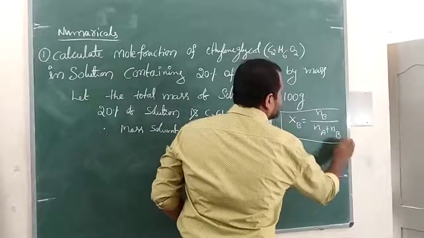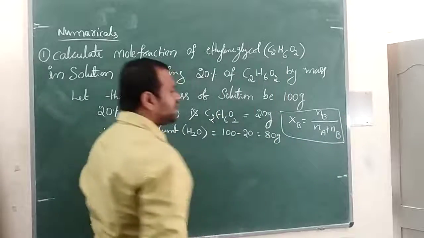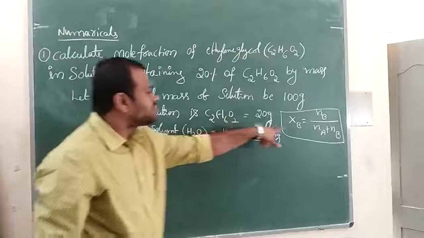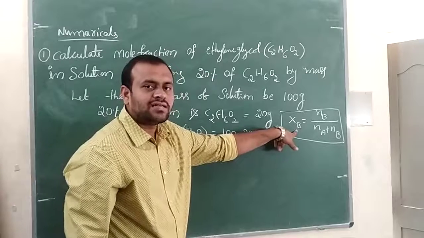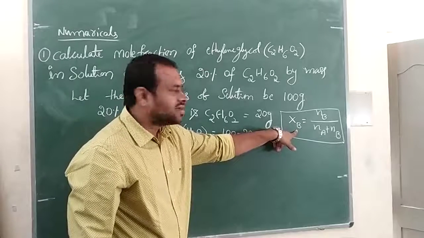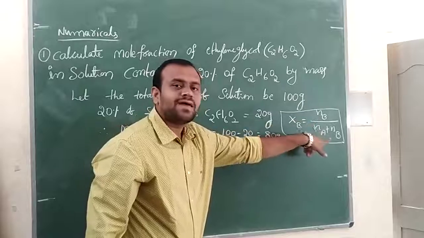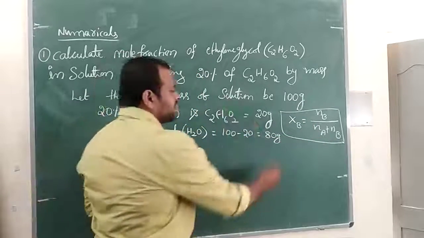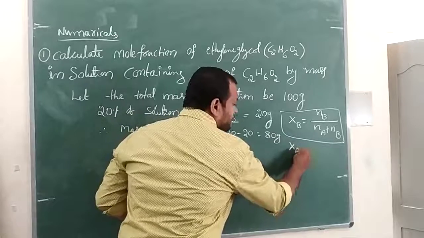Did you remember? Right? I want to calculate mole fraction of ethylene glycol, so it is B I took. Solute it is B I took. That's why NB by NA plus NB. If I want to calculate mole fraction of water, then I will take XA. Why?